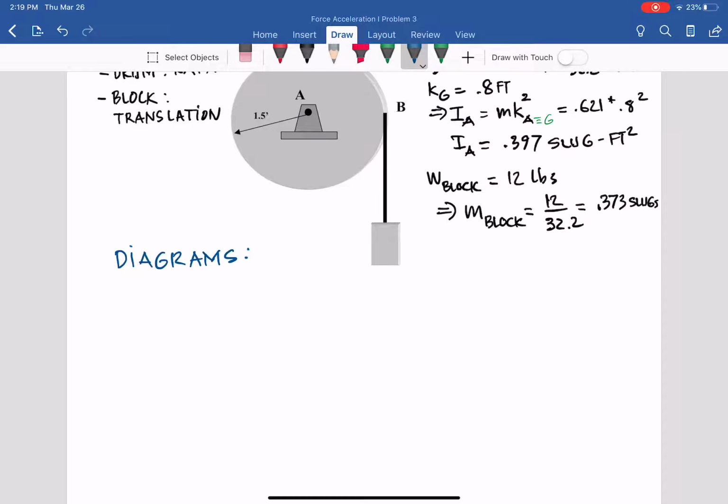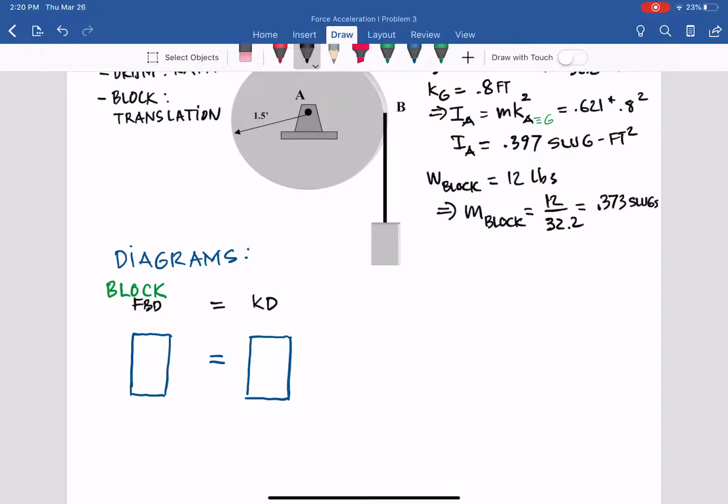So the first body we're talking about is the block. So draw the block, equal to the block. So free body diagram equals kinetic diagram. What does that mean? We have FBD, free body diagram, equal to kinetic diagram for the block.